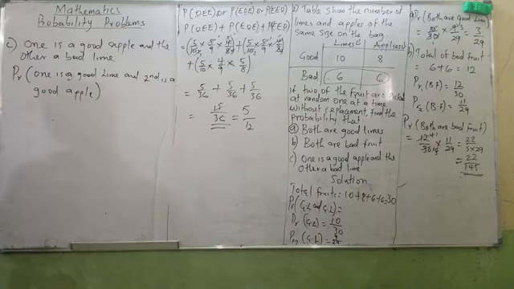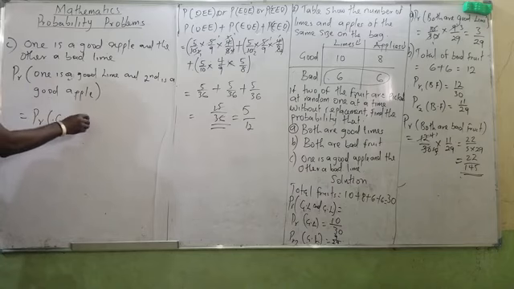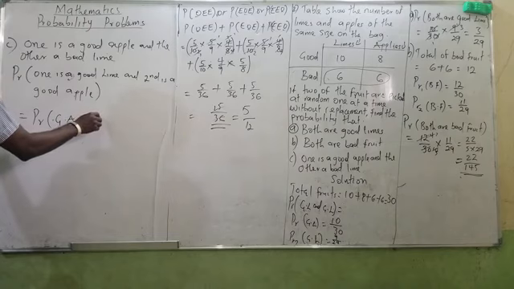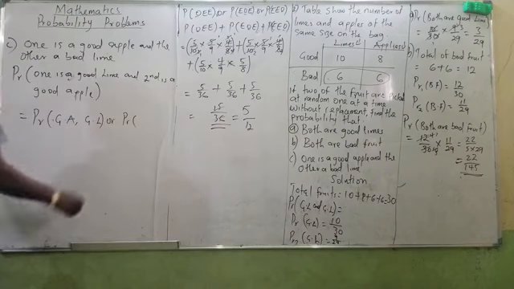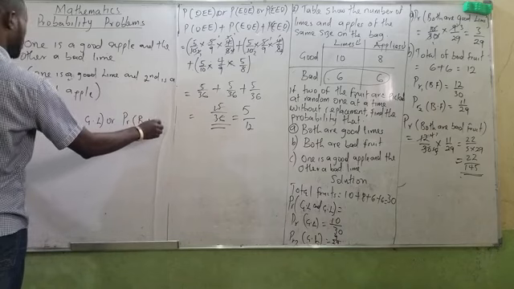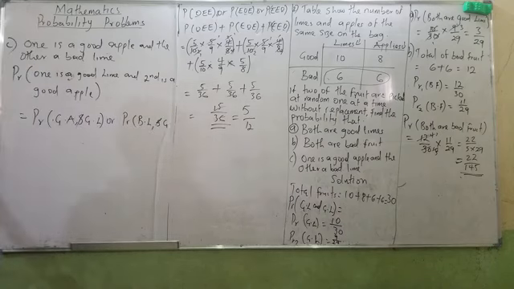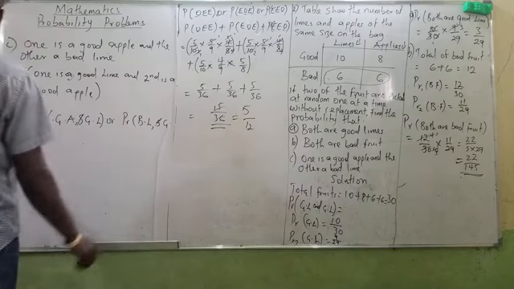Or, if I have something like this, first one is bad and the second one is good. Now, what I just need to do is that it will be equal to the probability of good apple and good lime, or the probability of bad lime and good apple.